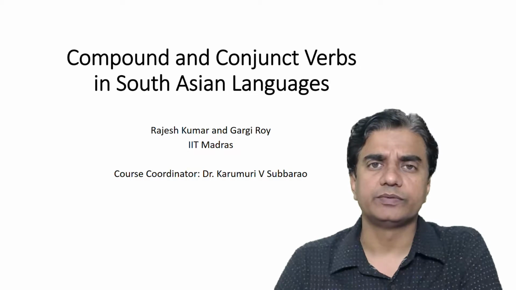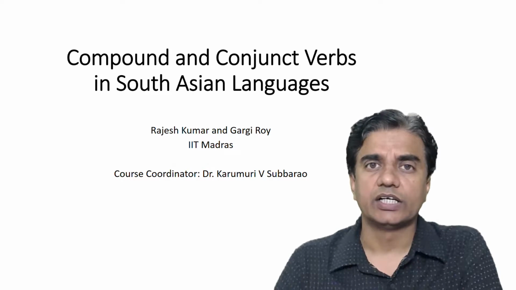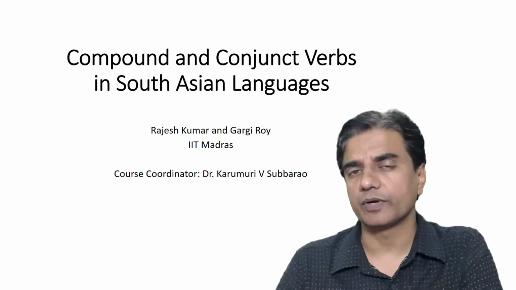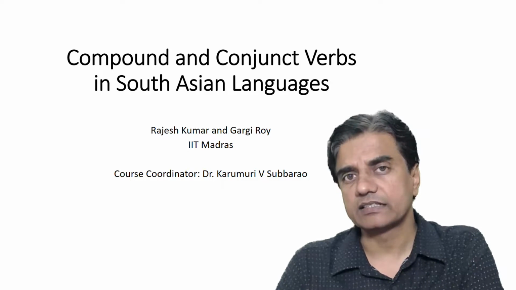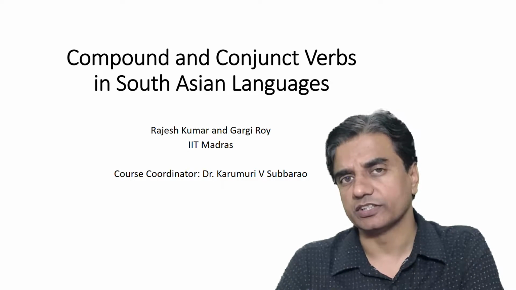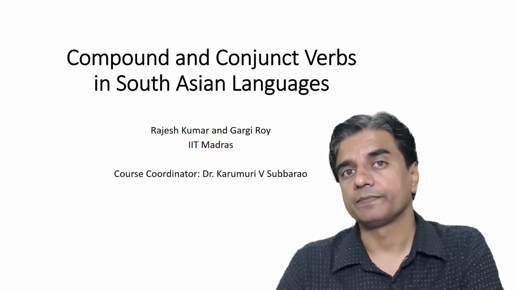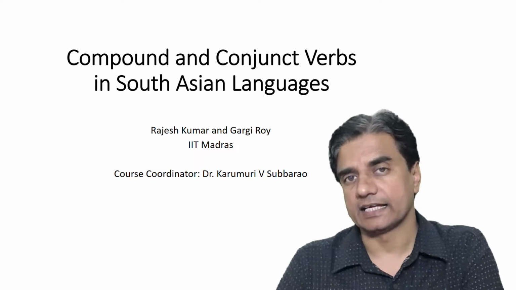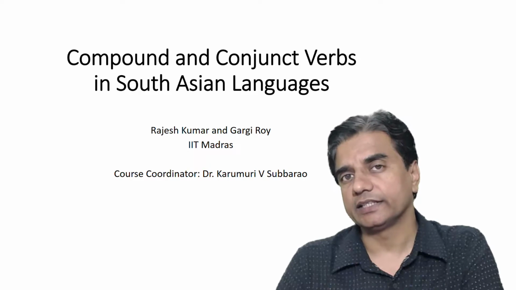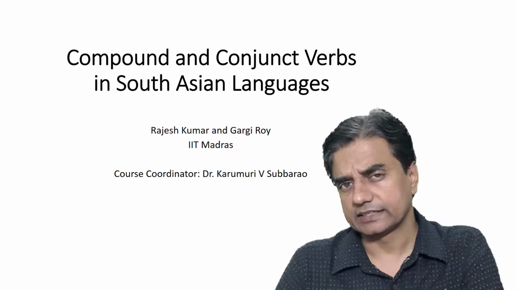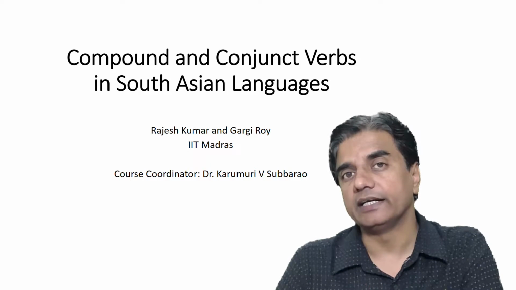A verb is also known as the powerhouse in a sentence. The reason why it is known as the powerhouse of a sentence is because it carries most of the information, inflectional information to be precise, namely tense, aspect, number, gender, person, and several other types of information embedded in it.